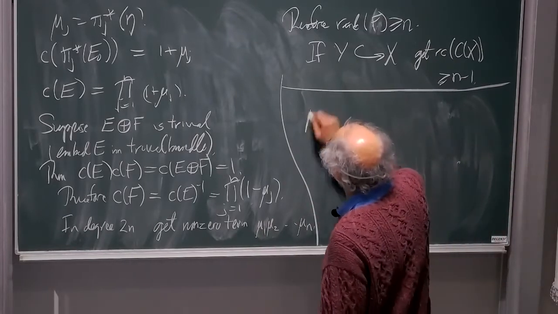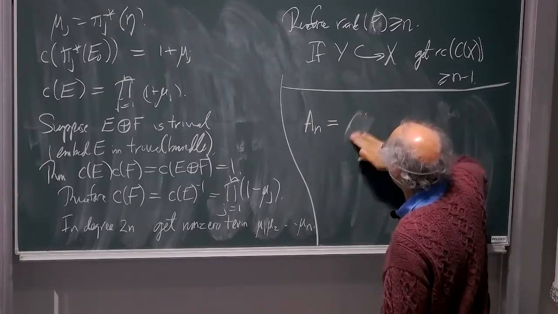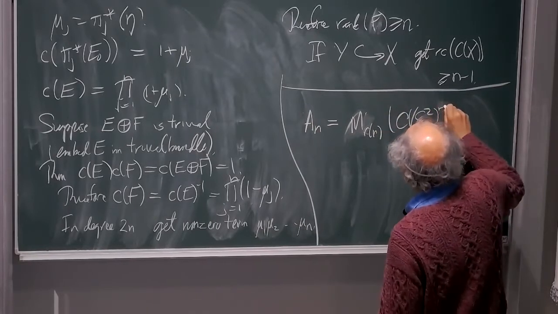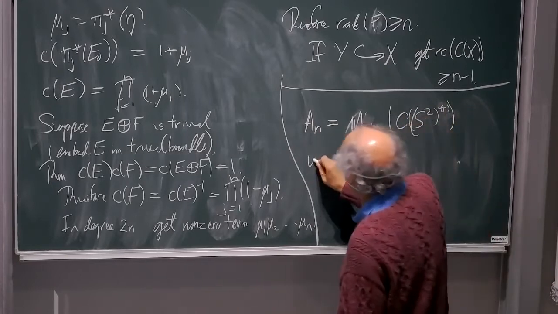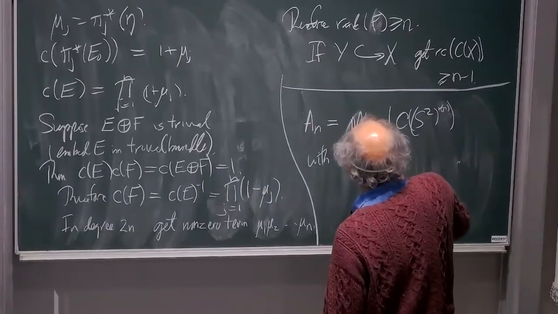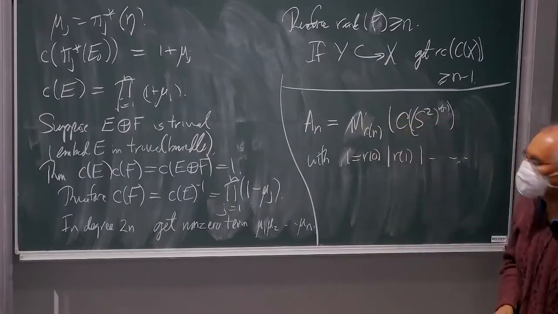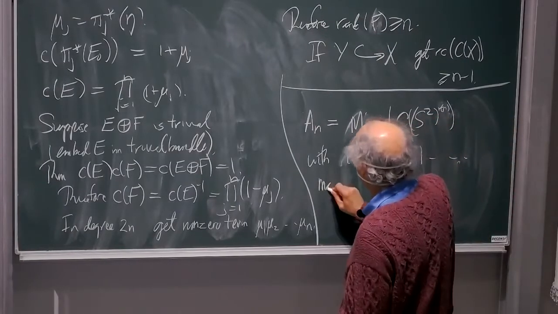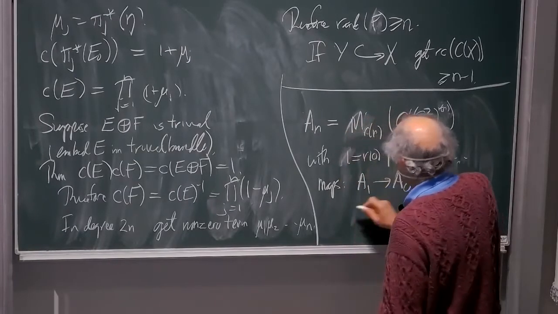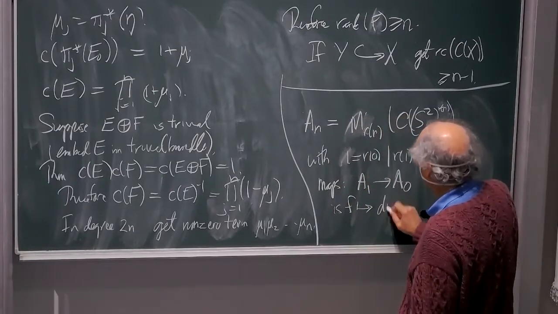So I'll take A_n to be M_R(n) of C of S2 to the R(n), with R(n) say 1 equals R(0), dividing R(1), dividing, etc. And the maps, well, so A1 to A0 is F maps to the diagonal.